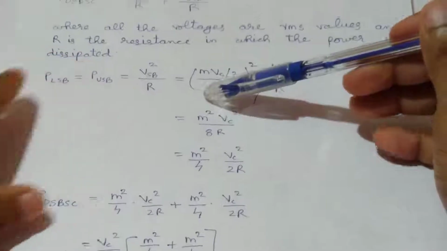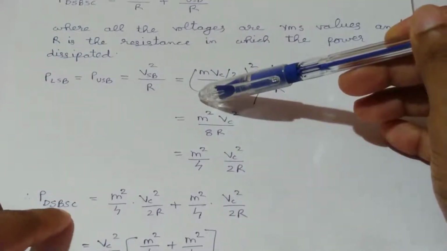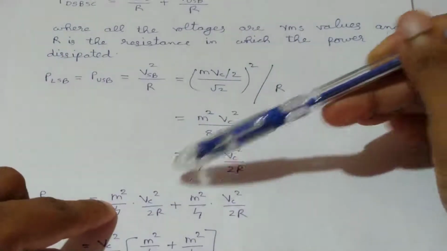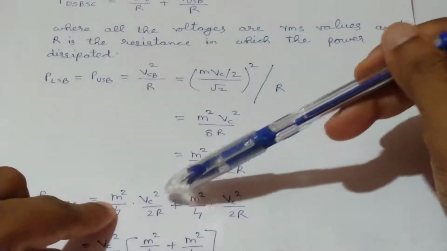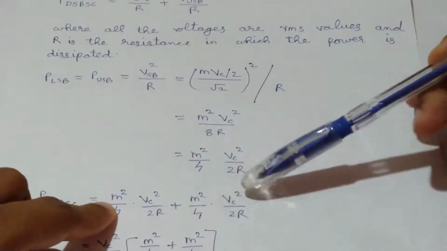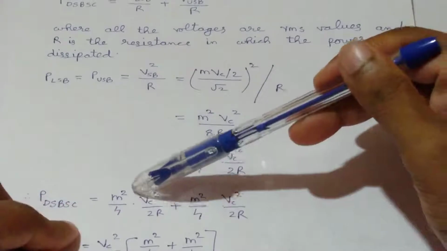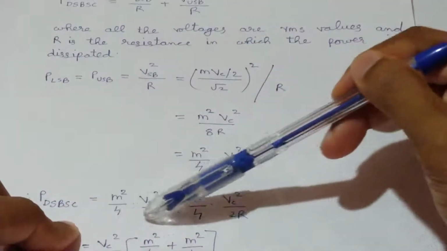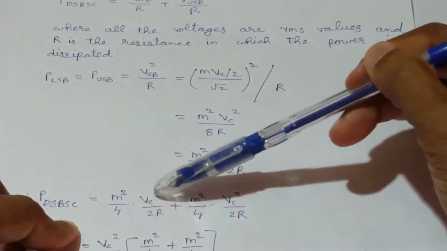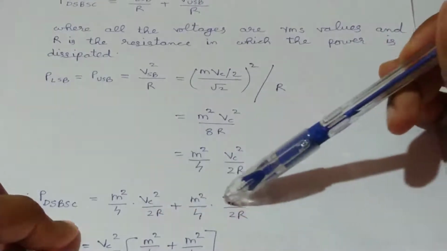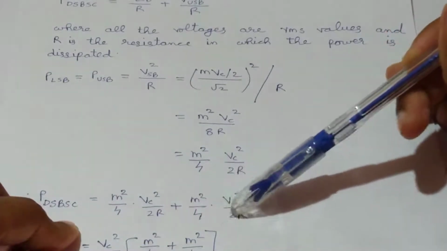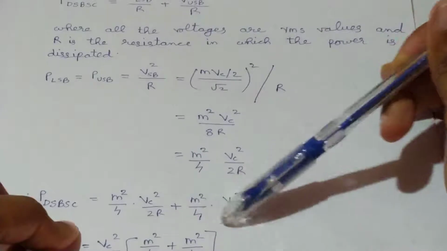We get P DSB-SC equal to m square by 4 into Vc square by 2R plus m square by 4 into Vc square by 2R. This is the power developed by the lower sideband component across the resistance R, and this is the power developed by the upper sideband component across the resistance R.